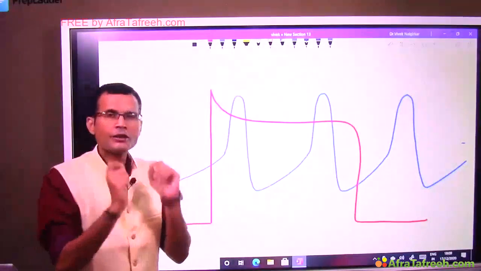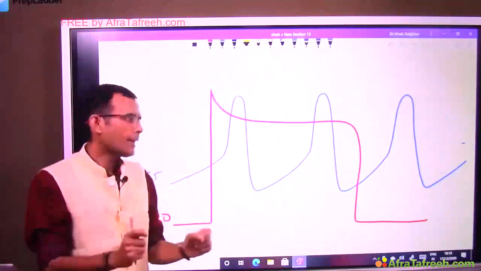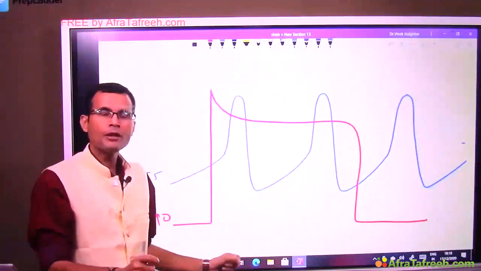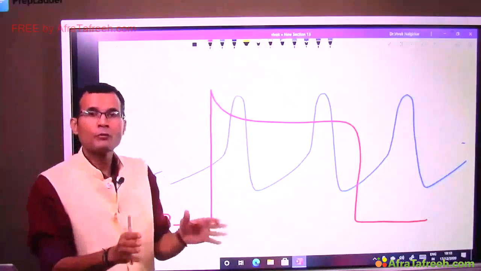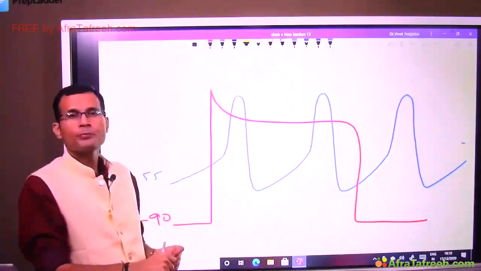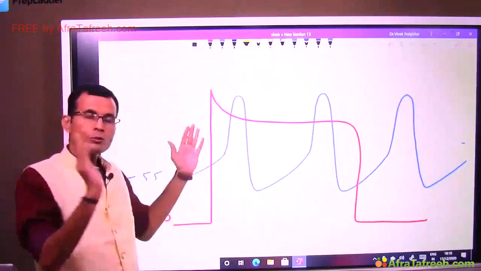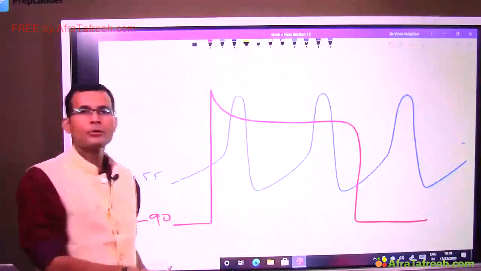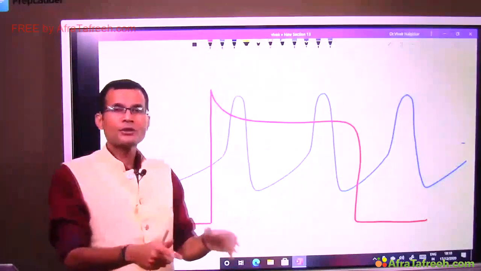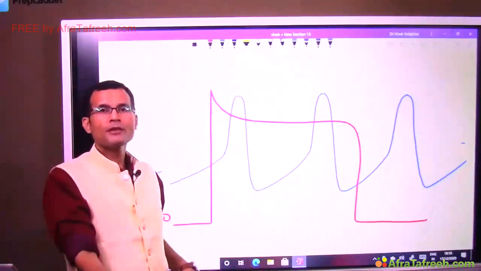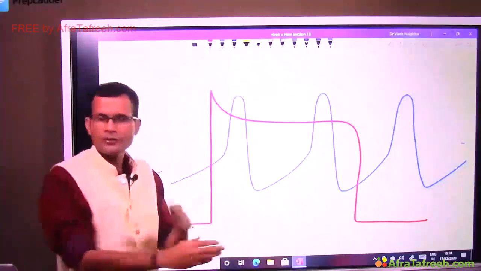The natural rhythmicity, the natural excitability of the Purkinje fiber is half that of the SA node. That is what I want to show you. That's why I have shown the two action potentials together. Don't confuse and say, sir, two action potentials of the SA node and the Purkinje fiber excites once. No, I'm not saying that at all.